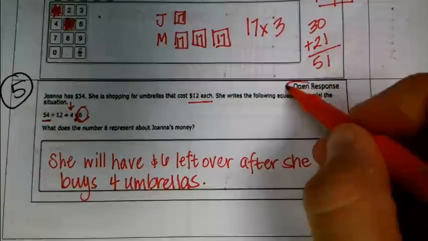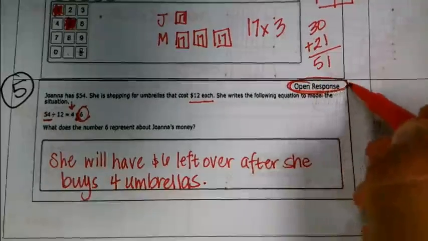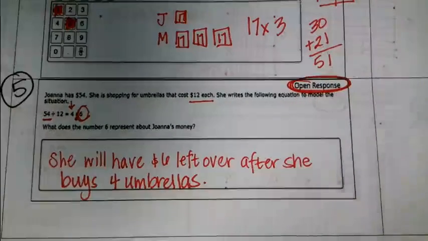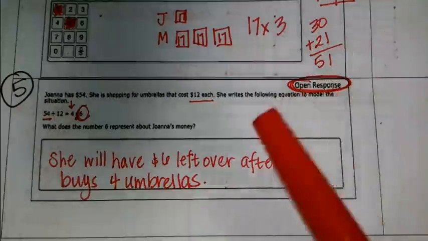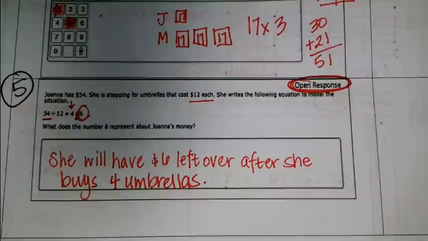Now, do you see this says open response? Here's what happens with a lot of kids. A lot of kids will just type in a number or a word and a number and a couple of words, and it's sometimes hard to understand what you mean. The people grading your test are not me. I don't get to touch the FSA after you take it. So we need to write this.